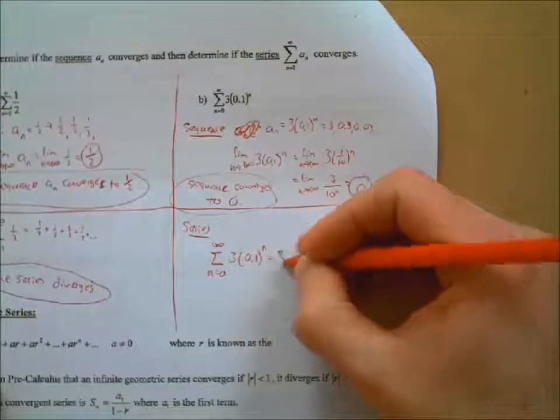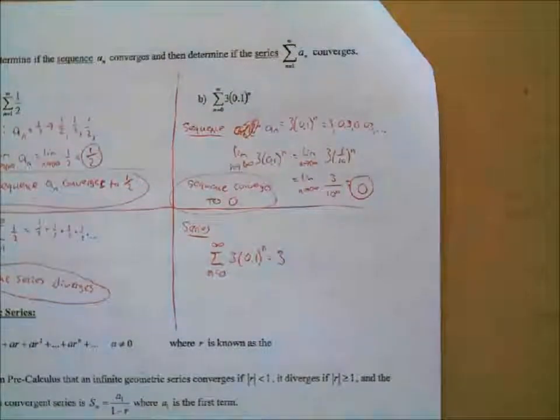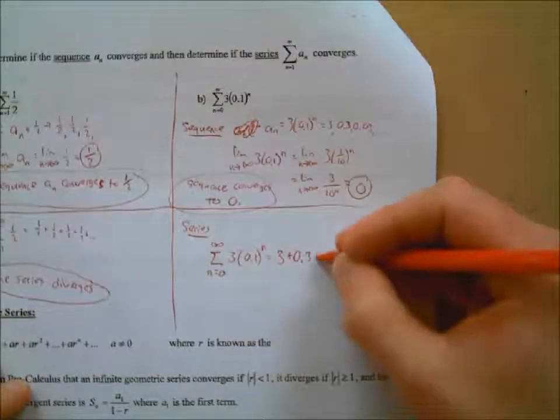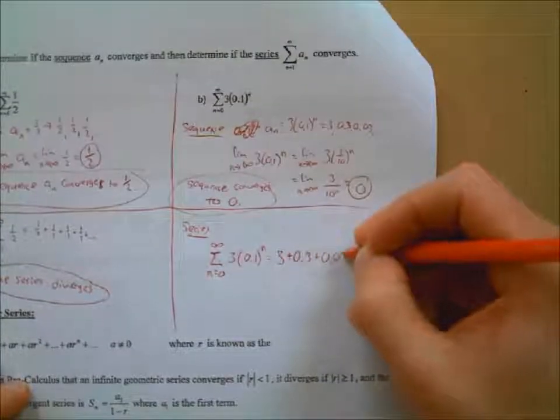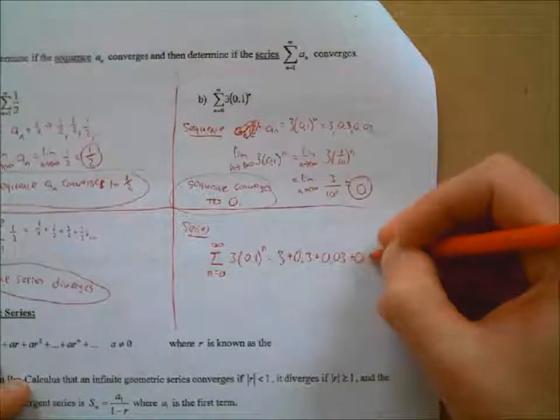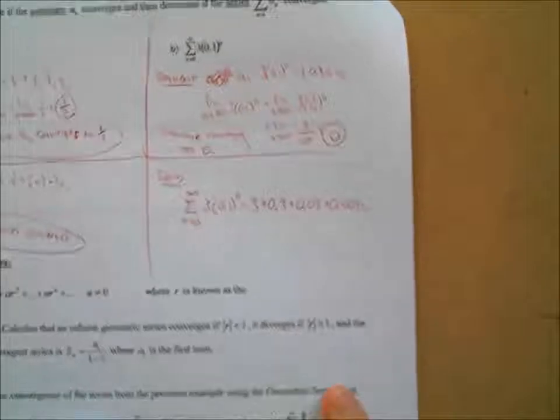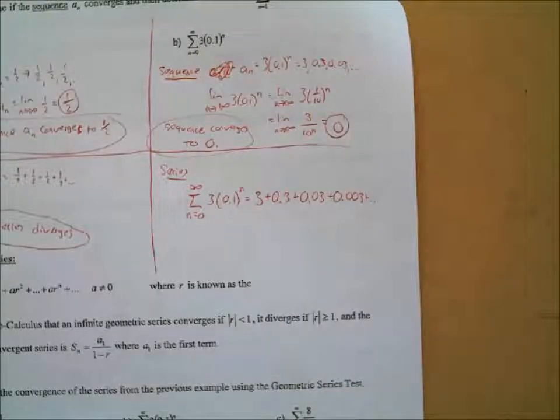So our first term is going to be 3. Then we're going to add to that 0.3, and we're going to add to that 0.03, and we're going to add to that 0.003, so on and so forth. So we're starting with 3, and then it's going to be 3.3 after that second partial sum.